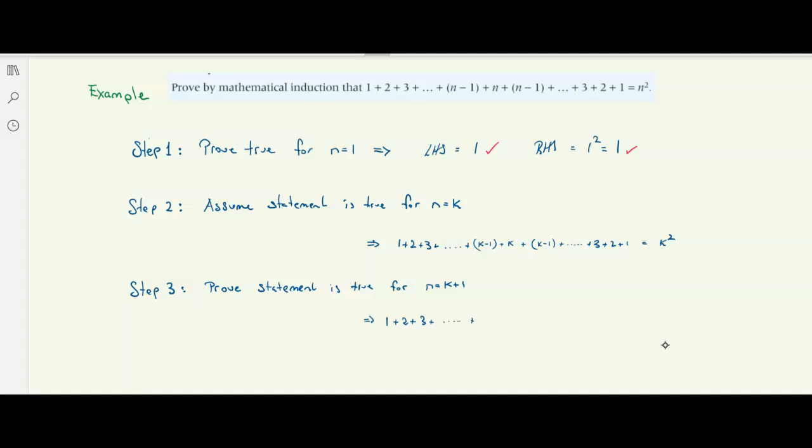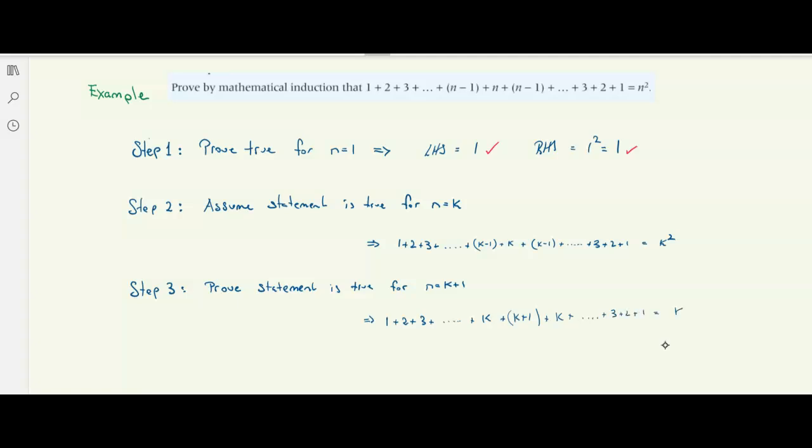and so on, plus, now wherever we see n, we put in a k plus 1. So k plus 1 minus 1, that's k, plus k plus 1, plus, now k plus 1 is going in there, back to k, plus all the way down to 3, 2, 1.